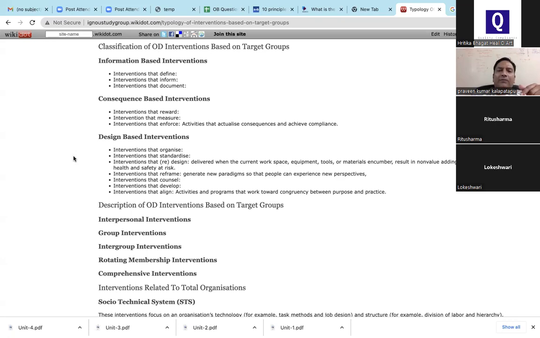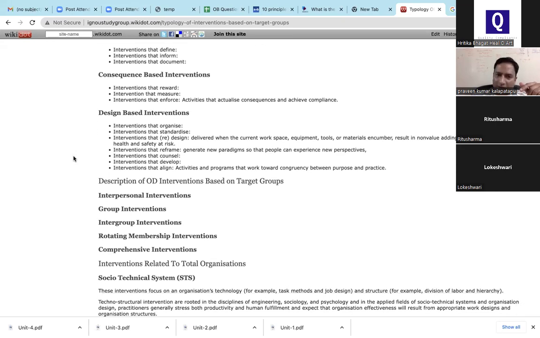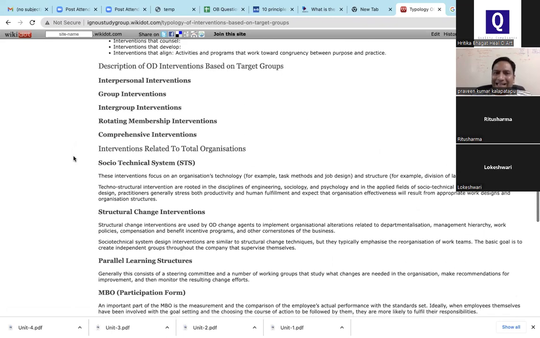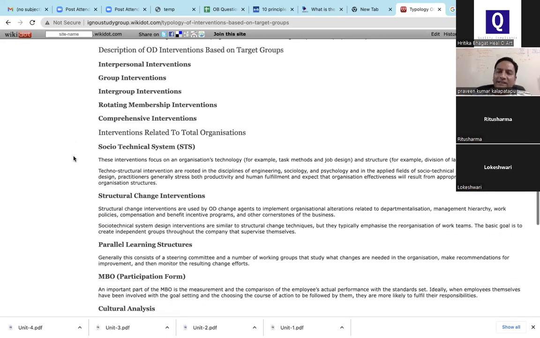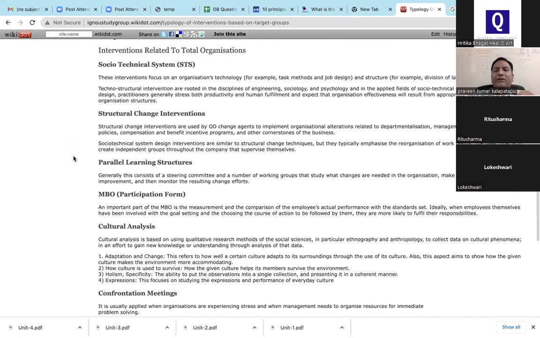Now what are the interventions that are going to be there in the total organization? We finished classification, both on the issue type and on the target group. Now we are going into the interventions themselves.